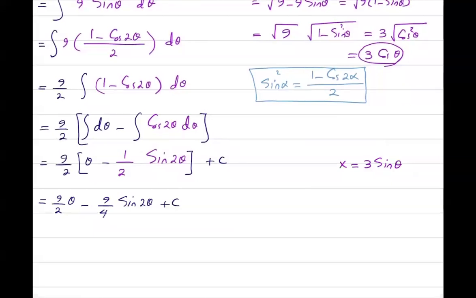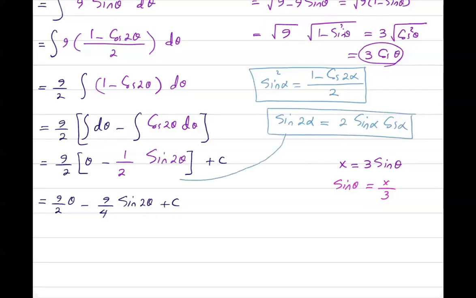So x is equal to 3 sine theta. What's the meaning of that? It means that sine theta is equal to x over 3. But what is sine 2 theta, all right? For sine 2 theta, from pre-calculus, it is 2 sine alpha cosine alpha.